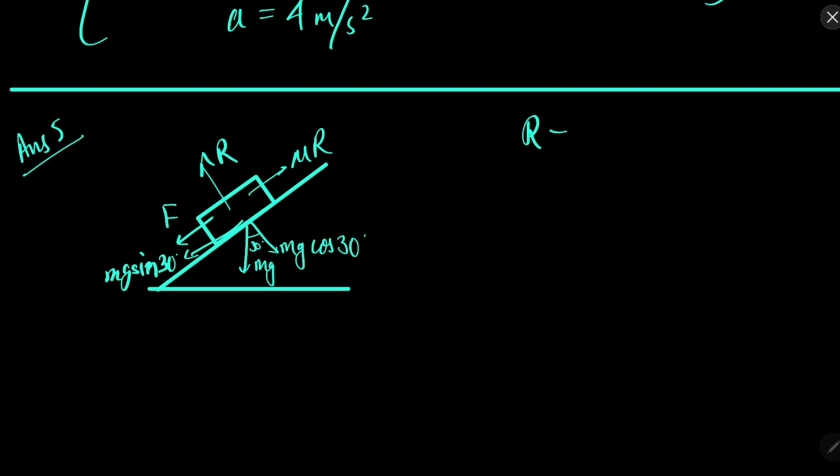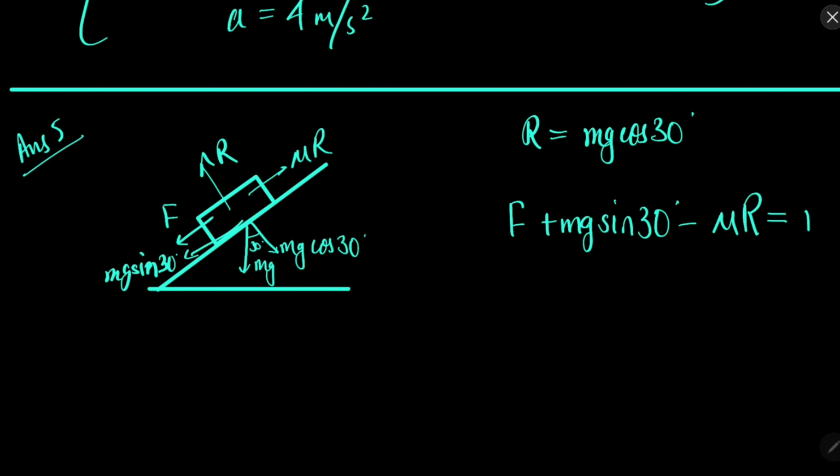So we will have R equal to mg cos 30 degree, and we will also have F plus mg sin 30 minus mu R equal to the resultant force ma, because there is motion, because of that there is some net force.